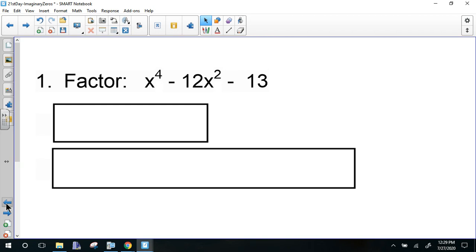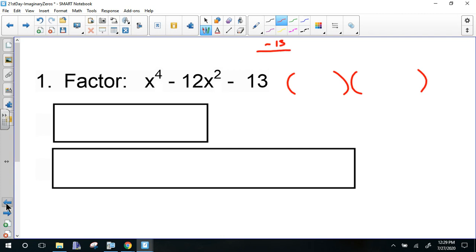Okay, so if we want to factor x to the 4th minus 12x squared minus 13, we may be able to factor this without doing anything rash here. So let's see if we can factor it into 2 binomials. What are my factors of negative 13 that add up to give me negative 12?